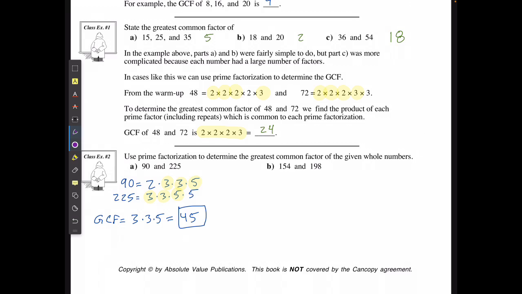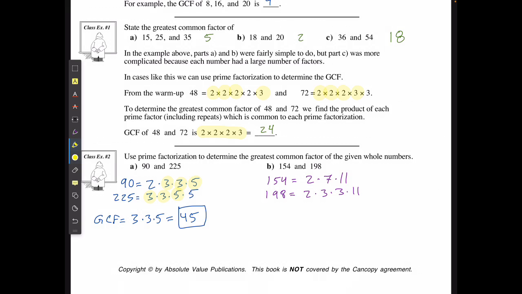If I'm taking a couple of bigger numbers, 154 and 198, the process is still the same. 154, when I factor it down, is equal to 2 times 7 times 11. 198 is going to be equal to 2 times 3 times 3 times 11.